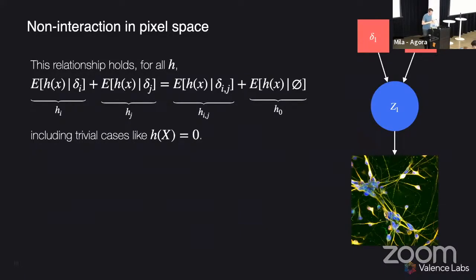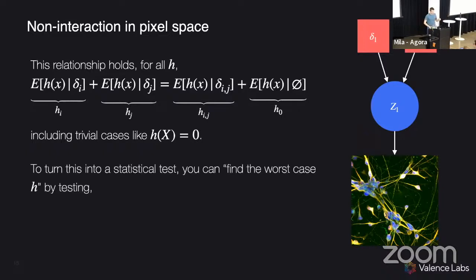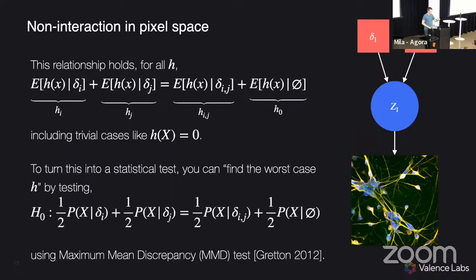Oh, sorry. Okay. So this relationship that I've said holds for all embedding functions H, so it's not particular to some choice of embedding function. This will just hold generally. But that includes trivial cases like an embedding function that just sets everything to 0. If you want to instead turn this into a test for whether this distributional assumption holds, you want to search over all possible embedding functions, find the worst-case one, and see whether it still holds there.